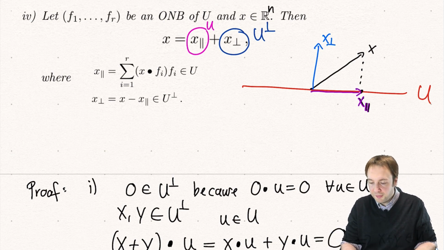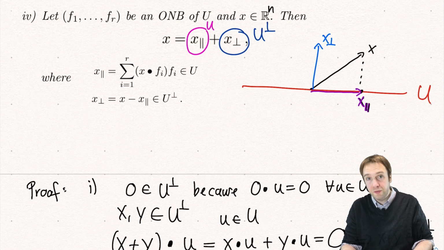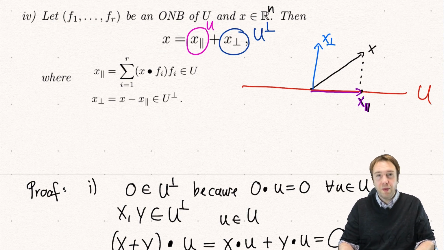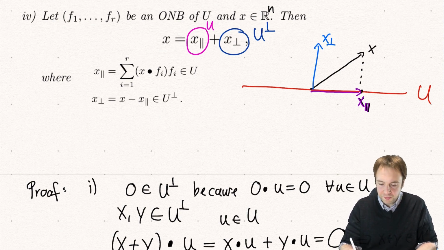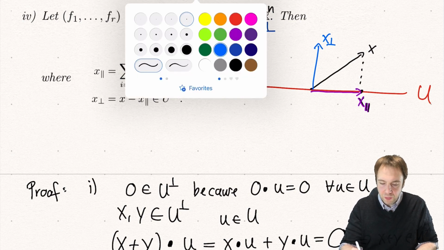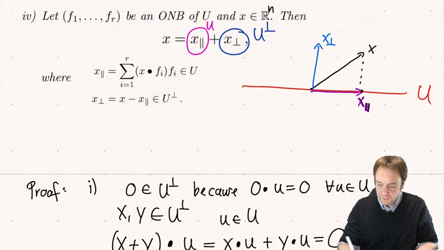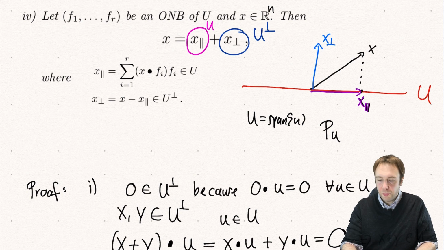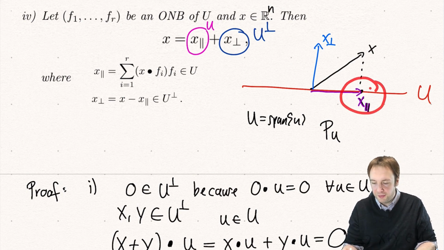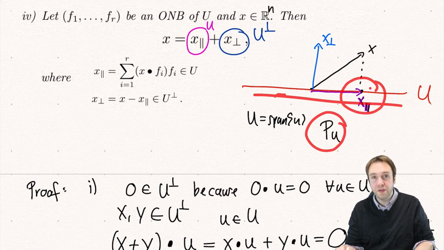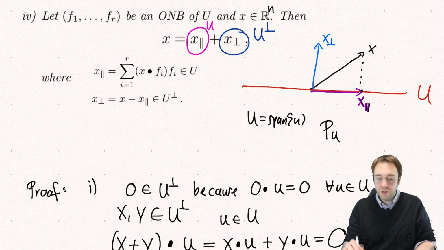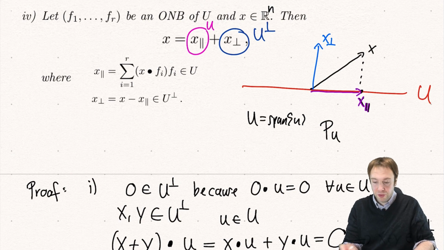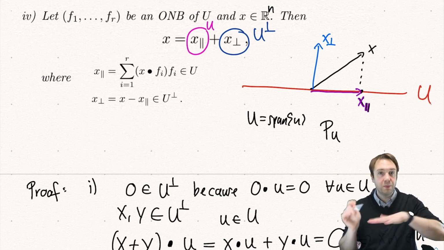This is something similar to what we did with the orthogonal projection. Recall that if U is just the span of a vector u, then we defined this PU, which did exactly this. And in the construction of this PU, we drew a similar diagram. But now we consider an arbitrary subspace U. So this U, for example, could be a plane.